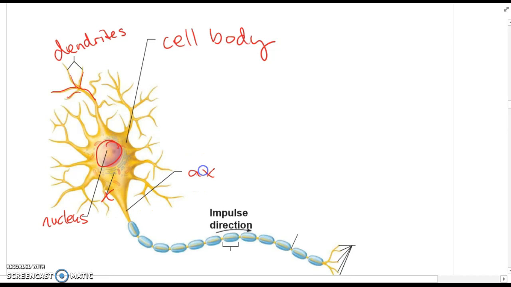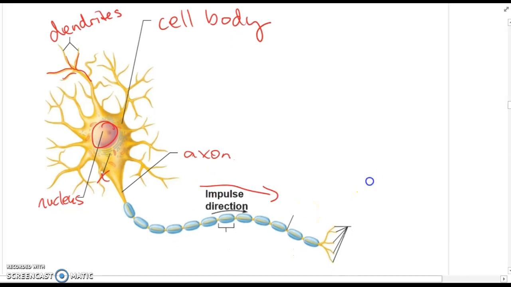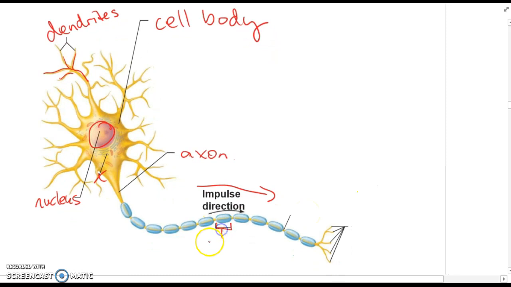Here is the axon. So those are the impulse generating and conducting regions. So that's what's generating the idea and sending along the information. So the impulse direction, we're moving this direction. Right here is what's called the Schwann cells.